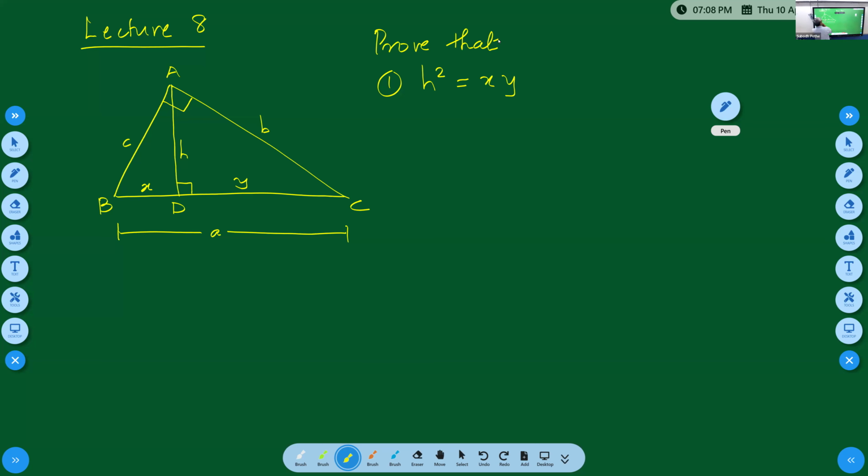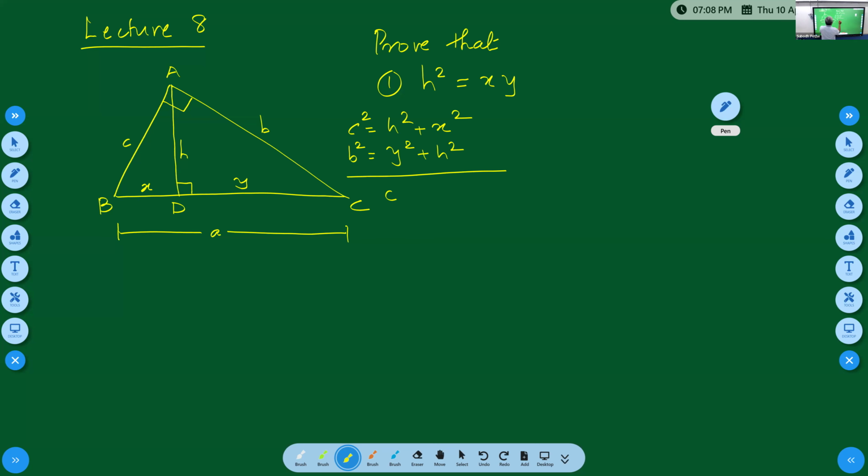We can apply the Pythagoras theorem to the three right angle triangles here. So c square is equal to h square plus x square. b square is equal to y square plus h square. Correct? And we can write a square is equal to c square plus b square. Okay, let us add them.